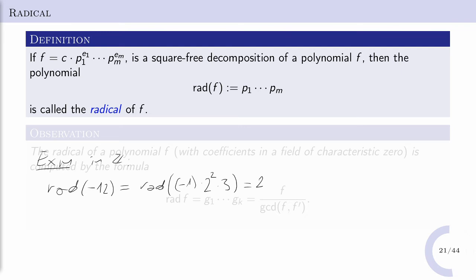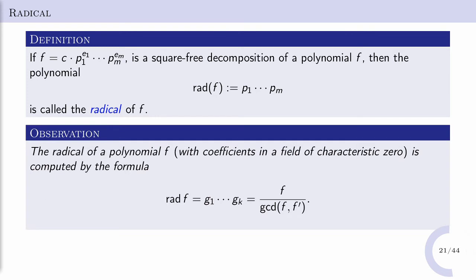So we write 2 to the first power times 3 to the first power, so it's 6. So the radical of minus 12 is 6. The same is the radical of 12. The same is the radical of 24, because 24 is 2 cube times 3. So we drop the exponents and we have 2 times 3 is 6. So this is the idea of the radical. It applies both to polynomials and the integers.